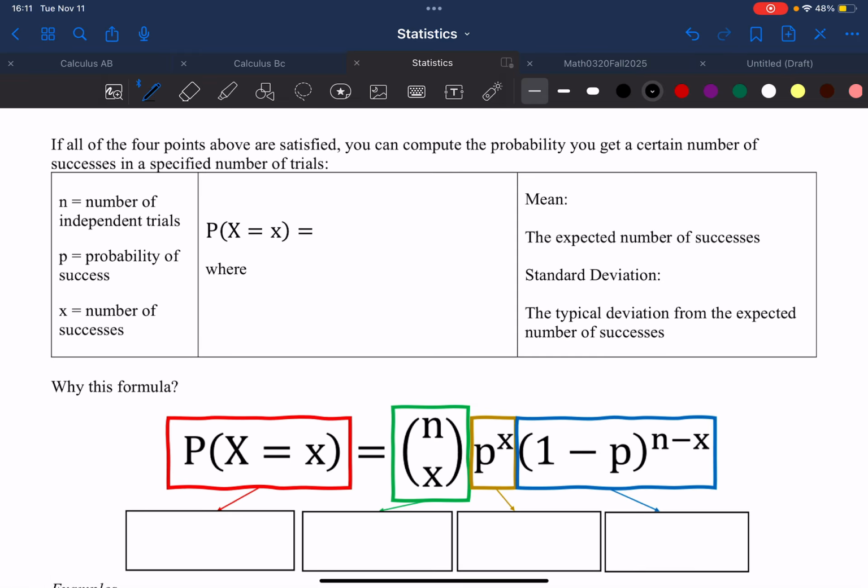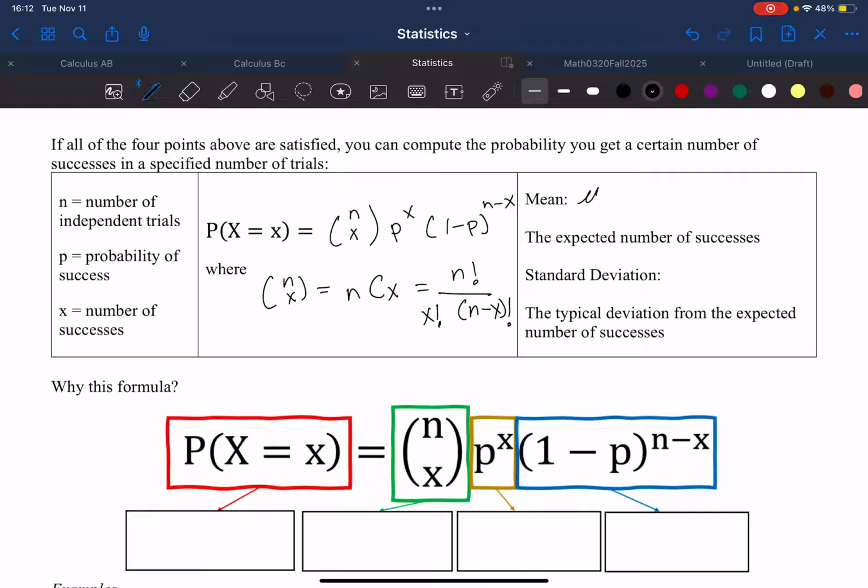Once those are all satisfied, then we're able to use the following formula, which is located on your formula chart. The probability is equal to N choose X times p to the X times 1 minus p to the power of N minus X, where N choose X is equal to N factorial over X factorial times N minus X factorial.